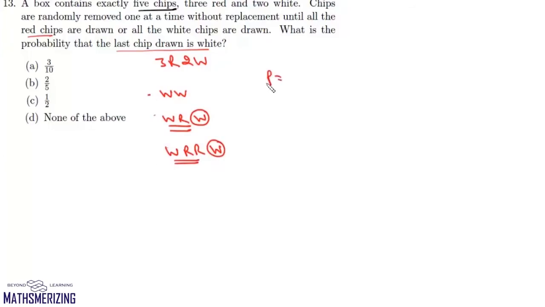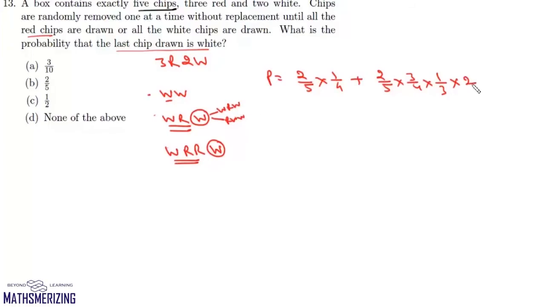These are three possible cases. Required probability will be, now this is white into white. Now probability of drawing a white chip is 2 by 5 into 1 by 4, plus, in this case it will be 2 by 5, red is 3 by 4 and then white is 1 by 3, into, now we have two cases, WRW or RWW.